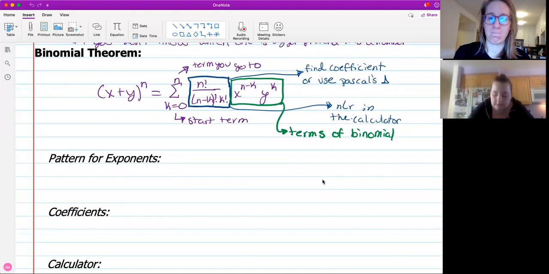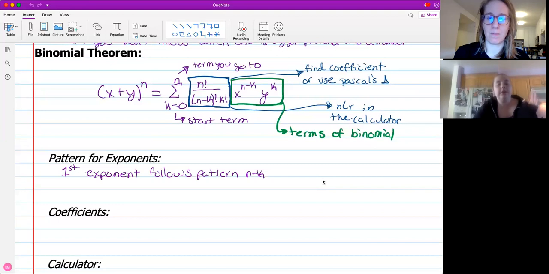Your first exponent will follow the pattern n minus k. Remember, this one starts at your highest one and then decreases by 1 until you get to 0. So you start high and subtract 1 until 0.